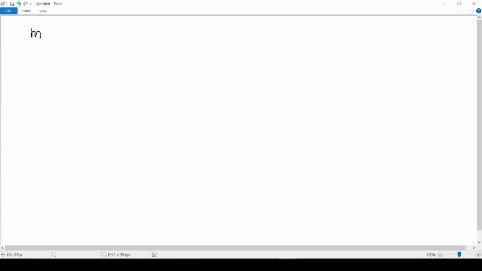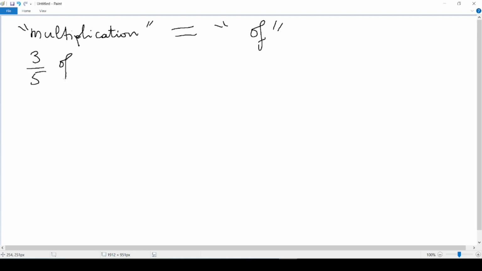Another way of saying multiplication is using the word "of." So if I say, what is 3/5 of 4/7?